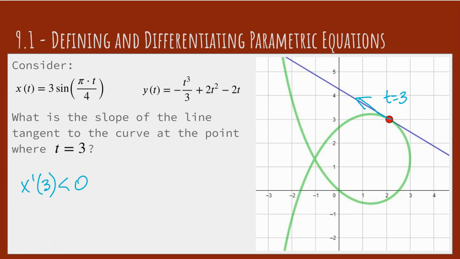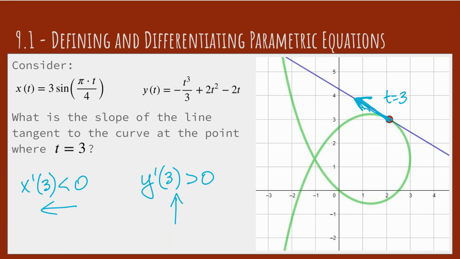So since x'(3) is less than 0, I don't know exactly what it is, but I do know it's going to be a negative value. That means that our object is moving to the left. If we look at what's happening with dy/dt at 3, that's going to be a positive value, which means that our object is moving up. So in combination, the object is moving to the left and it's moving up.